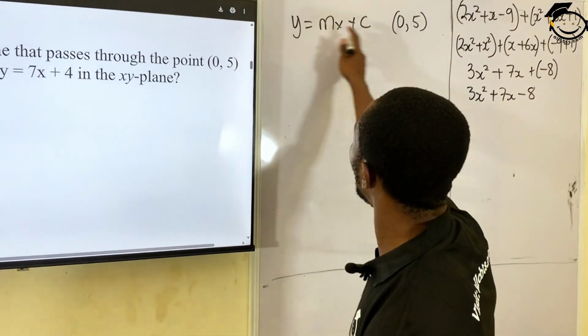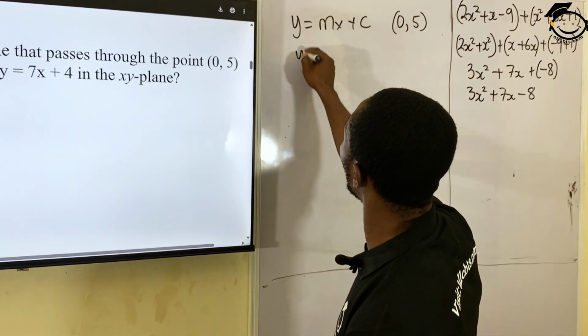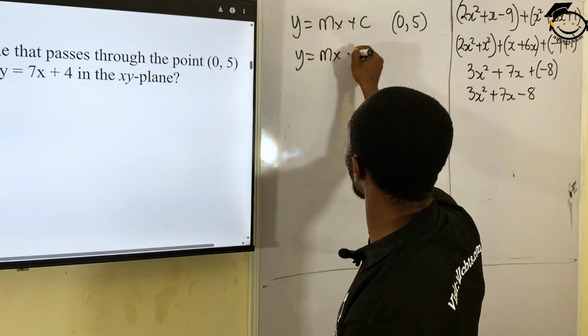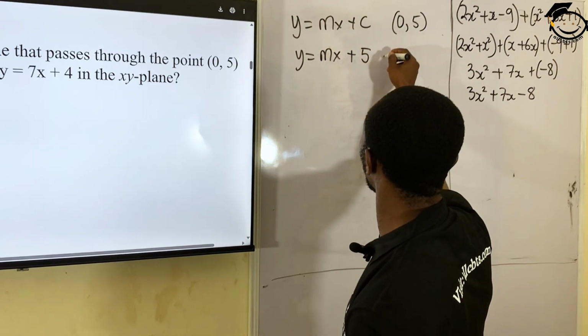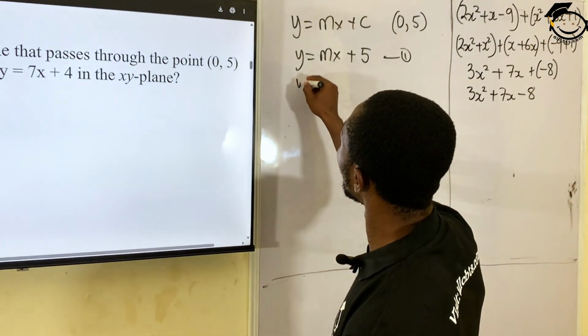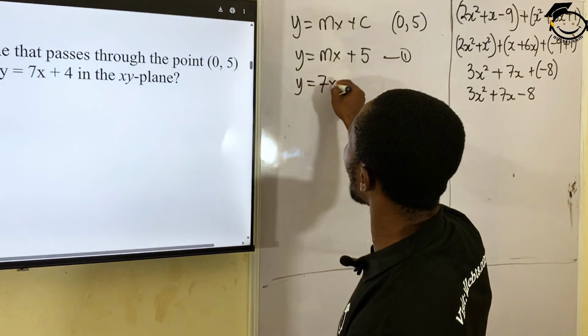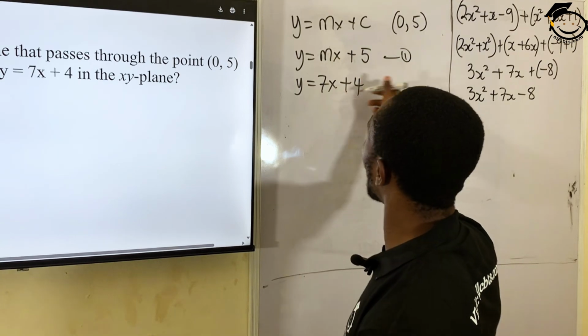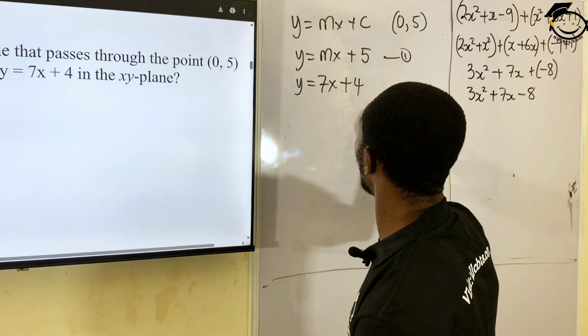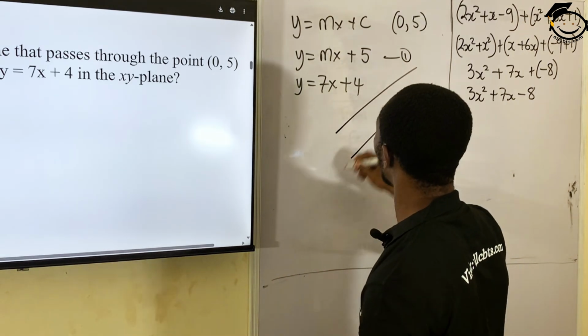So for that point we are going to have y equals mx plus 5 as our equation. Now they said it's parallel to y equals 7x plus 4. If it's parallel to it, that means they have the same slope and gradient.